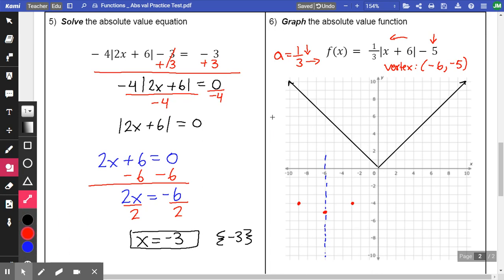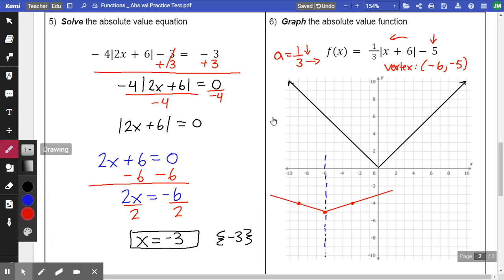So as you can see, here we have a vertical compression. All right. It looks like this with the factor of 1/3. And compared to the parent function, it's compressed vertically and it's at a different location.